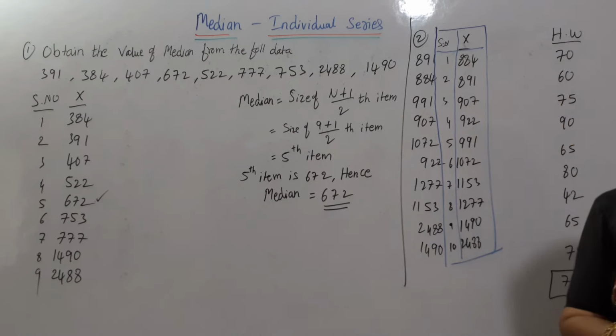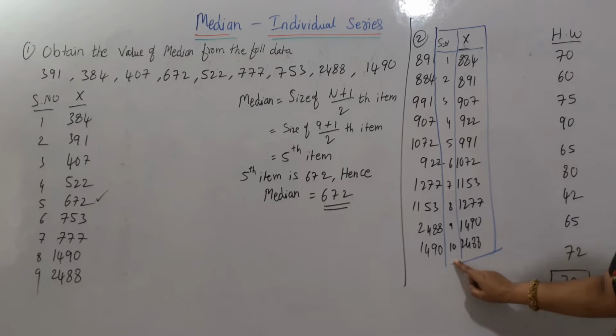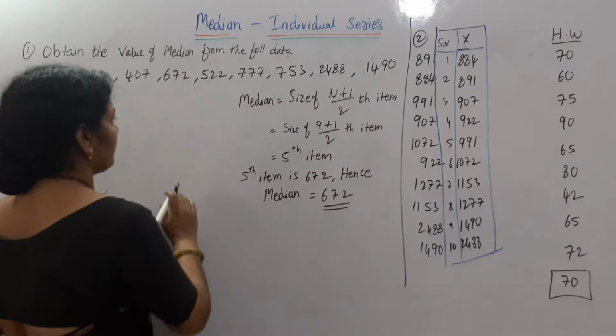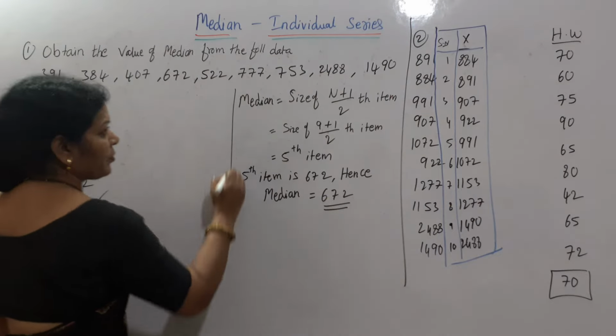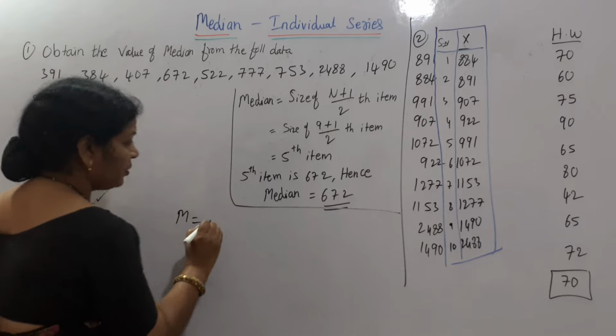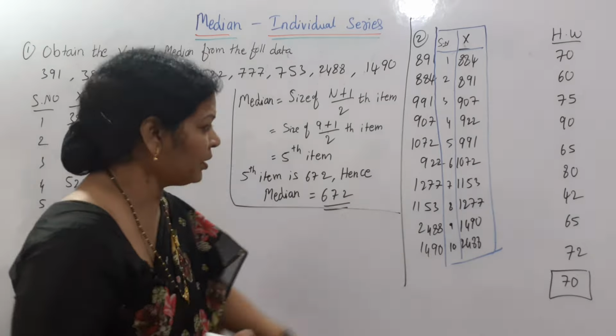Size of n plus 1 by 2th item. What is n? N is 10. You know that median is equal to size of n plus 1 by 2th item. N is here 10. Okay.